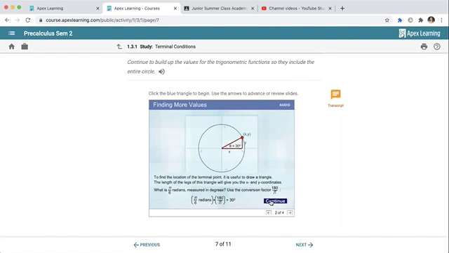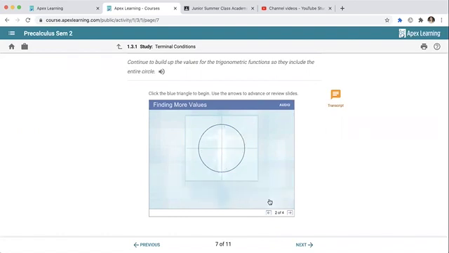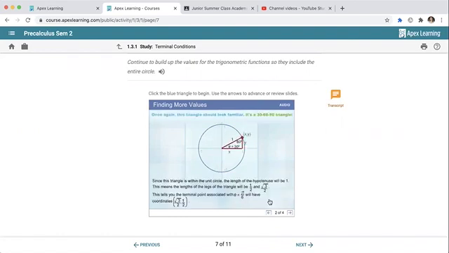So again, now we have a special 30, 60, 90 degree triangle. Since we have that special triangle there, we are then able to remember that we have our two different sides.